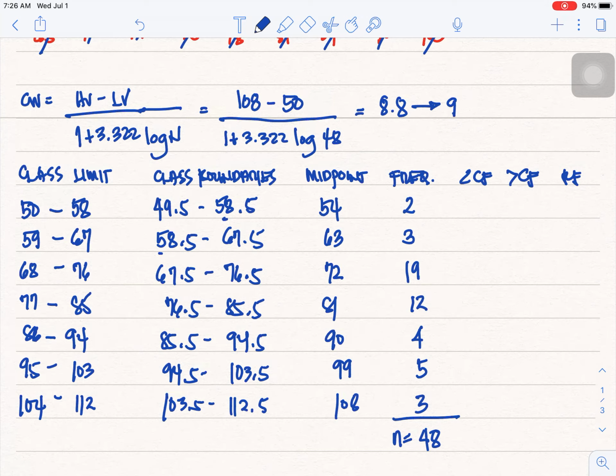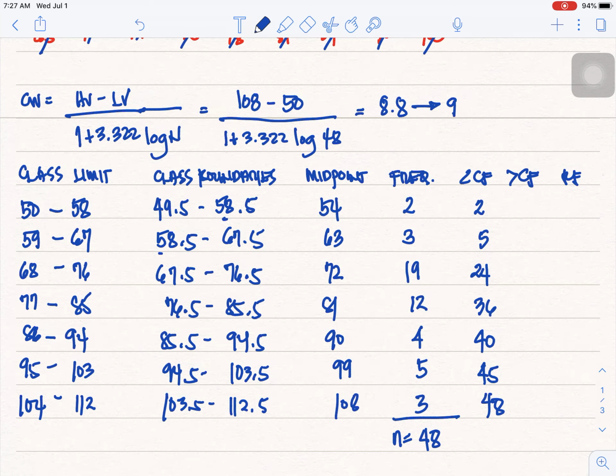The next is the less than cumulative frequency. We simply add the frequencies from top to bottom. We have there 2 plus 3, 5, plus 19, 24, plus 12, 36, plus 4, 40, plus 5, 45, plus 3, 48.